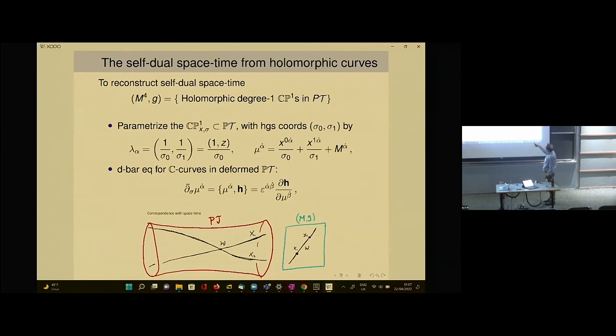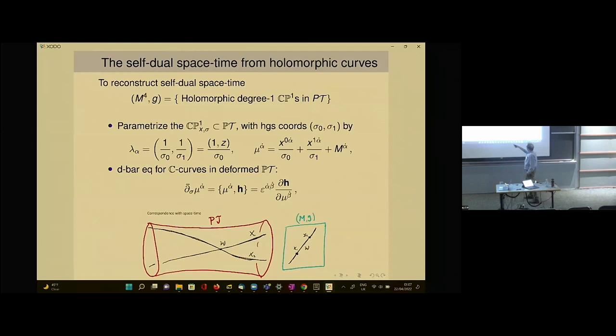This is only really important when you get to higher MHV degree, which I probably won't get to. But you write your curve in this way, which makes it look singular. But what I'm trying to do here is pin down a couple of points on the curve by, projectively, this would be the same as just saying that mu is equal to x0 at sigma0 equals 0 or x1 at sigma1 equals 0.